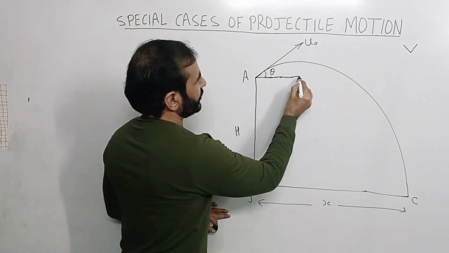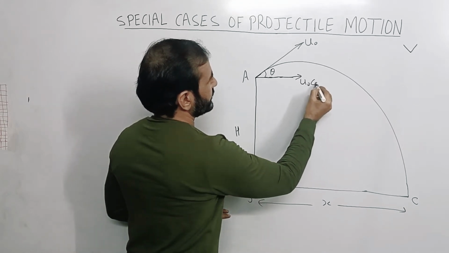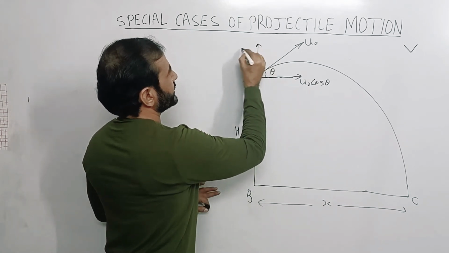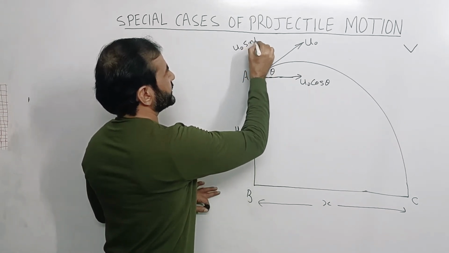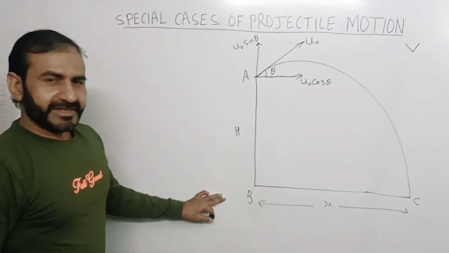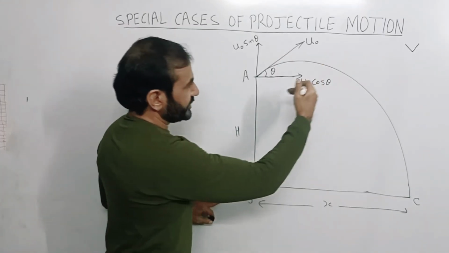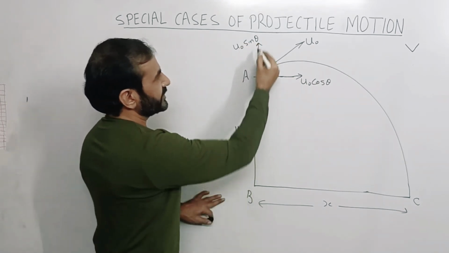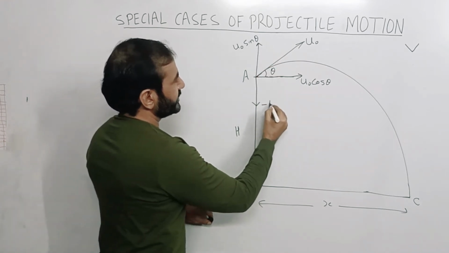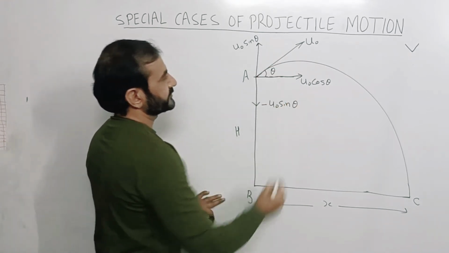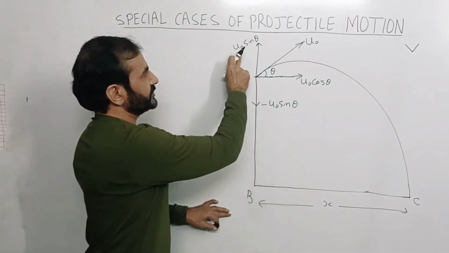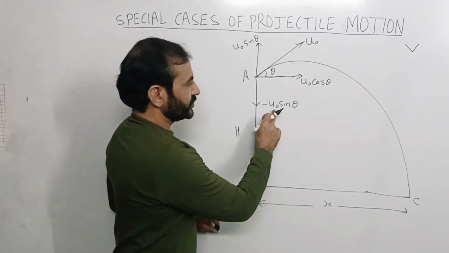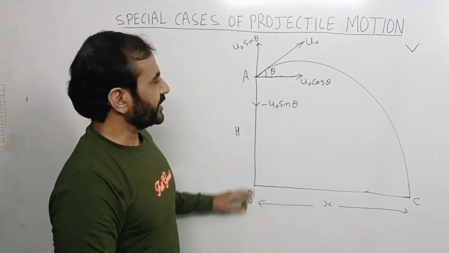One component will be the horizontal component, this is u naught cos theta, and the other component will be vertical, and this will be u naught sin theta. u naught sin theta is taking the body upwards, but if we take downward motion, then we'll have minus u naught sin theta. If the body is going with velocity u naught sin theta upward, then the body is coming with velocity u naught sin theta downwards. Take the opposite sign.